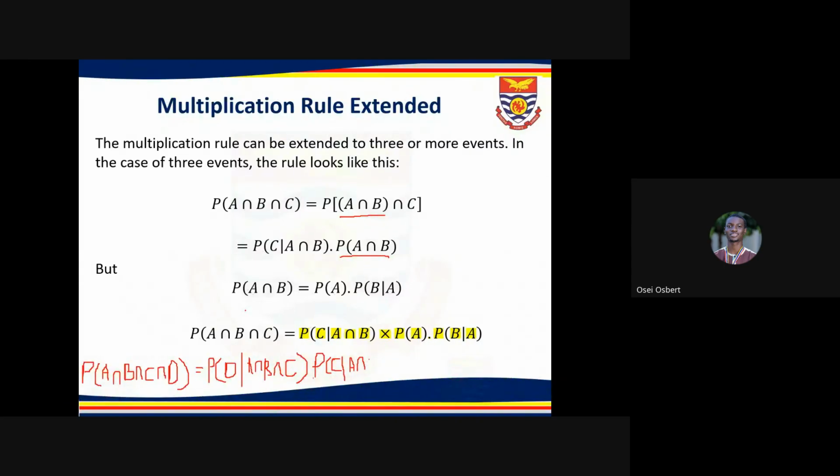And we know that probability of A intersection B will now be equal to probability of A times probability of B, given that A has occurred. So we can extend it to so many events.